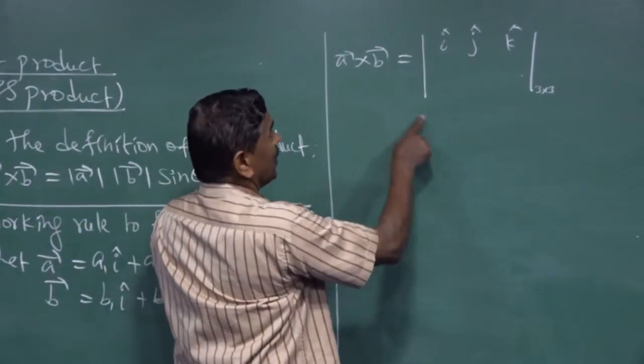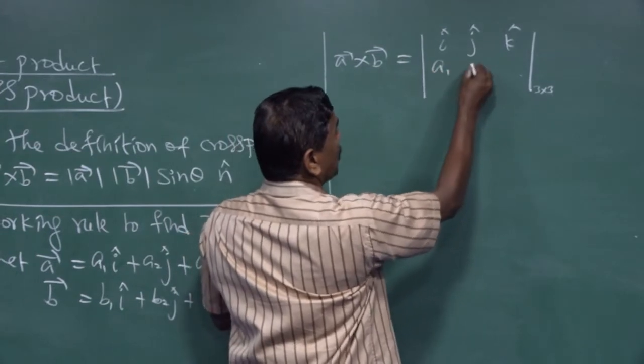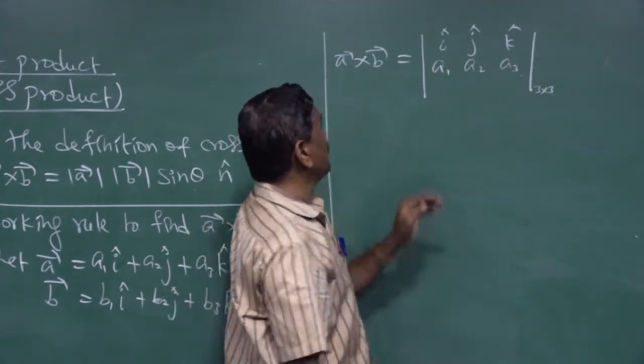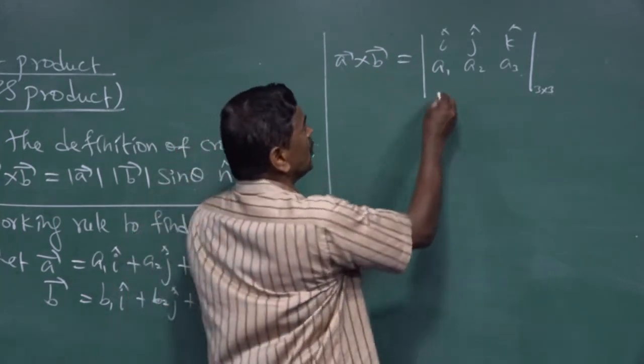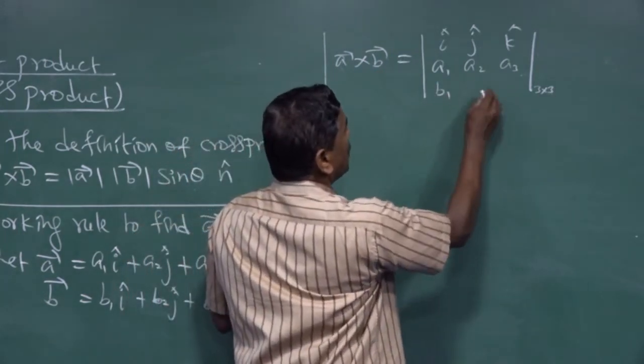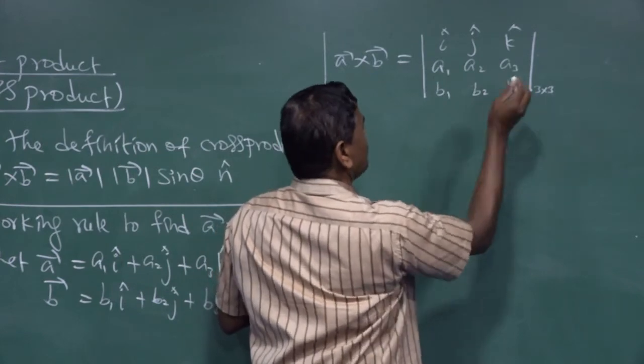First A vector, its coefficients A1, A2, A3. Next, second B vector, coefficients B1, B2, B3.